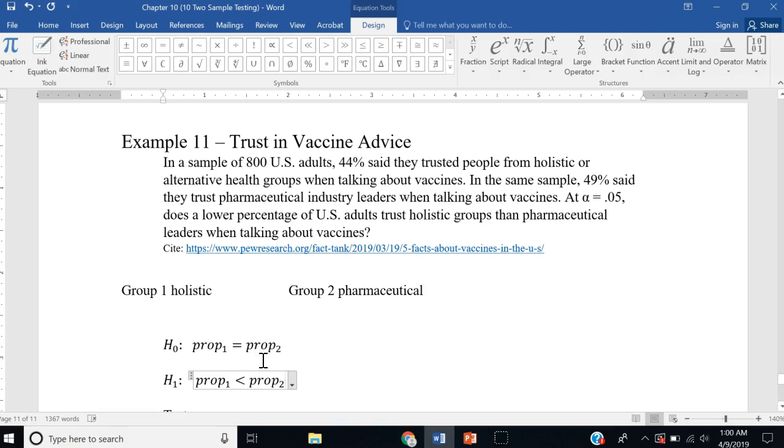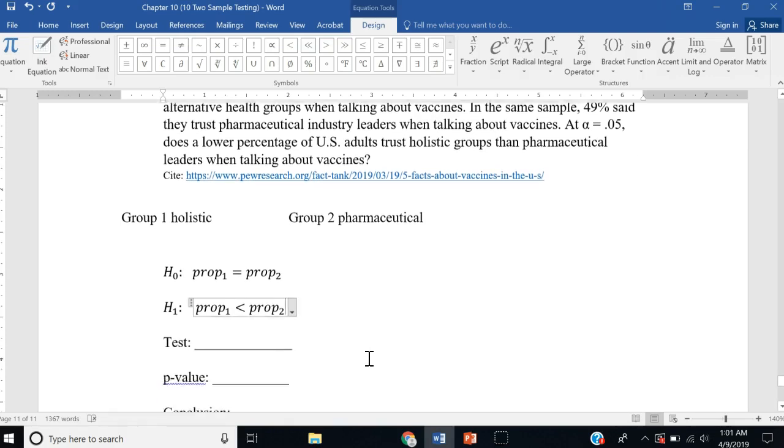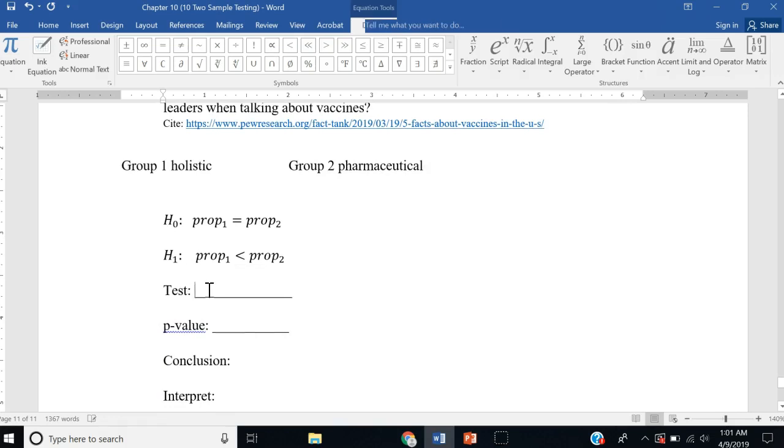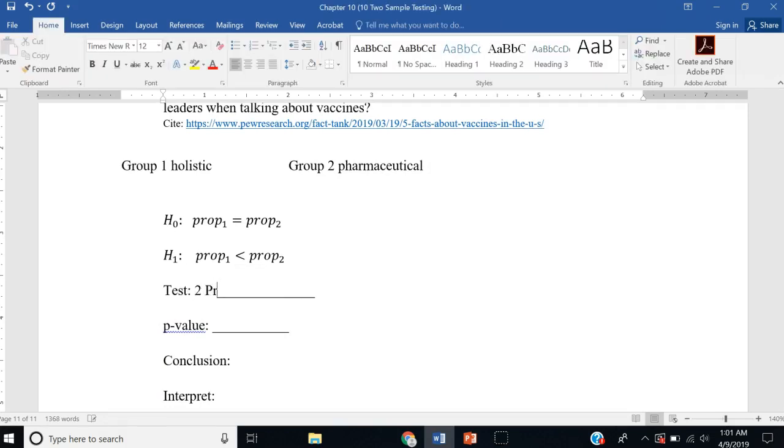So since group 1 is the proportion who trust holistic, prop 1 less than prop 2 is going to be my alternative hypothesis. Hopefully that all makes sense. Now, obviously, we have a two prop Z test here.